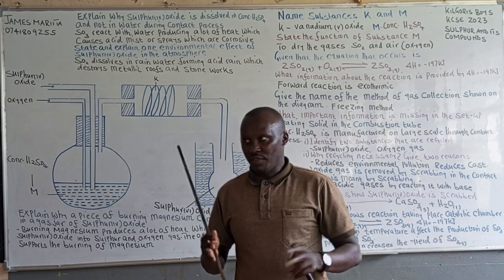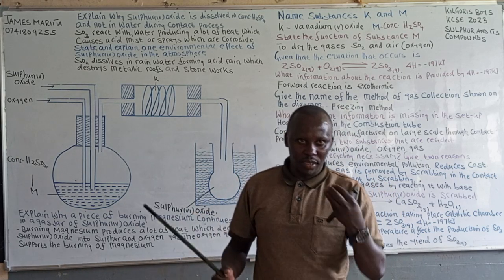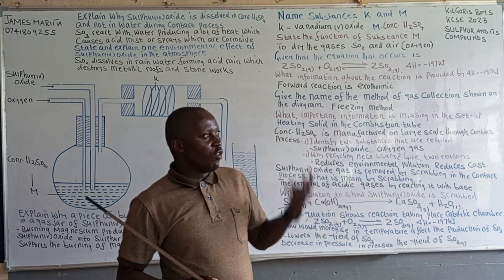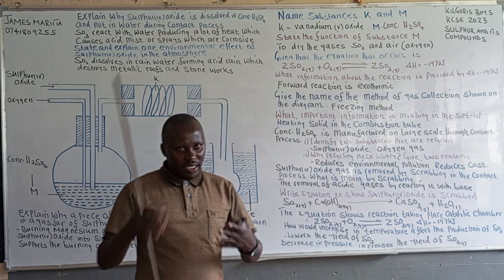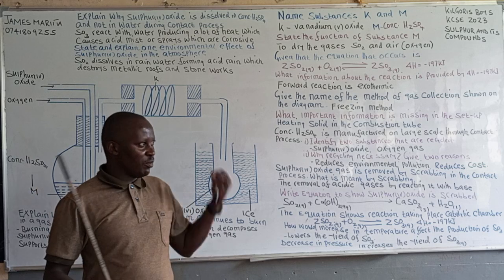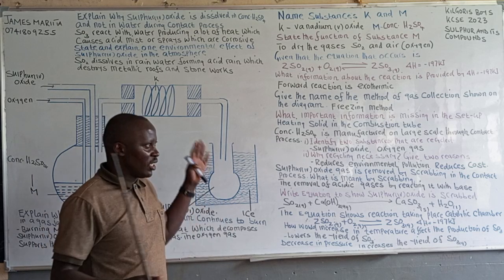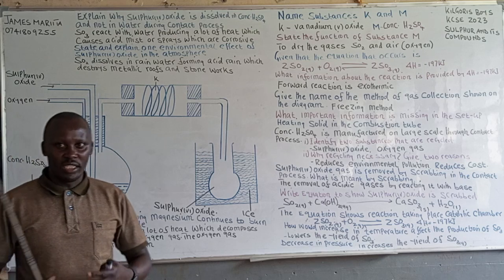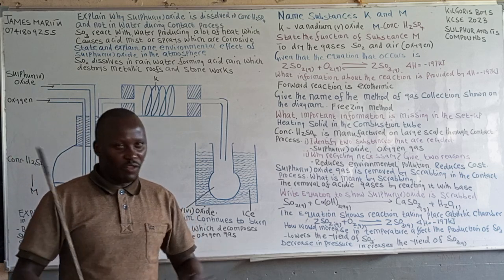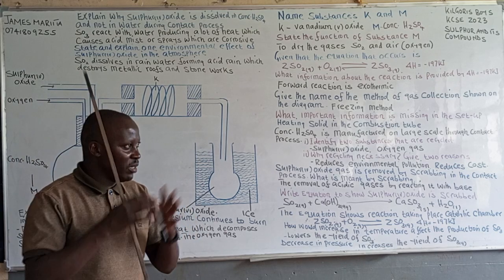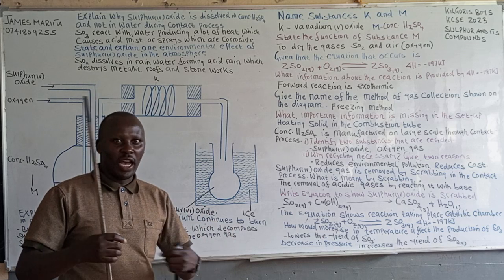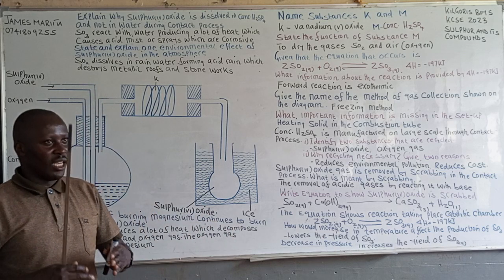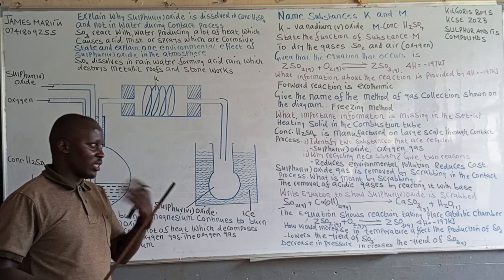That is the vanadium hydroxide and the platinum asbestos. Of the two catalysts, the vanadium oxide is preferred during the preparation of sulfuric acid in the contact process. And why is vanadium hydroxide preferred? It is preferred because it is cheap and it is not poisonous compared to platinum asbestos.